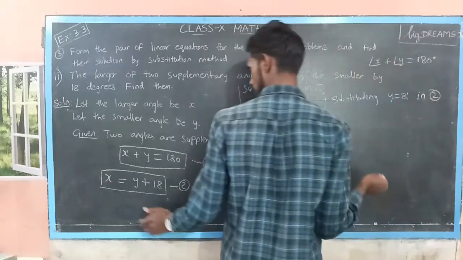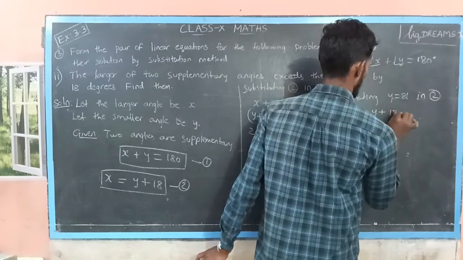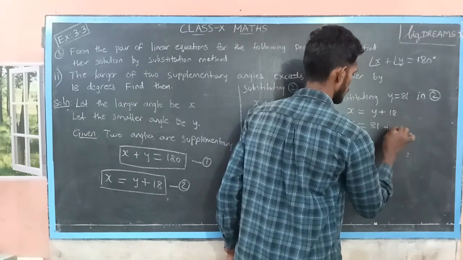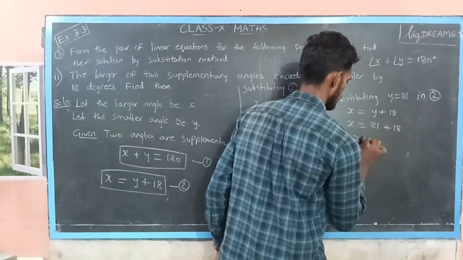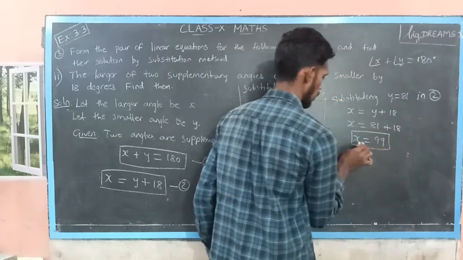Okay, so it is x is equal to y plus 18. So x is equal to y value is 81 plus 18. So 18 plus 81 gives 99. Okay, thus we have found the value of x.